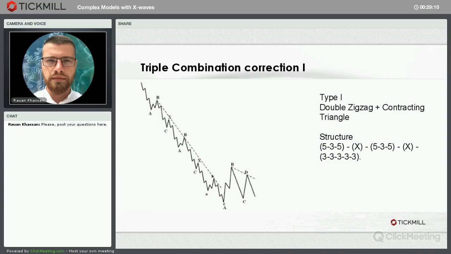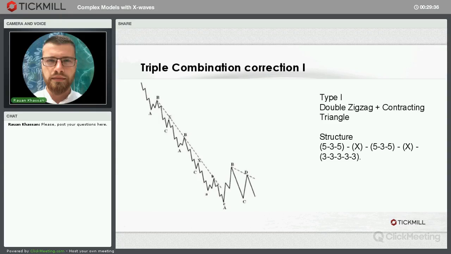As a rule, by its structure, each wave of the contracting triangle is shorter than the previous one. That means that in the normal case, the low of wave A would not be broken once the correction price model is made up and finished.